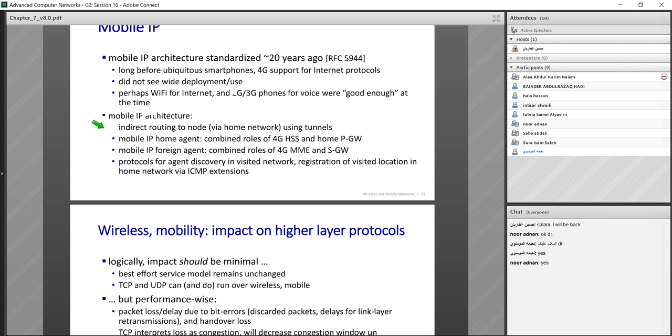In indirect routing, the correspondent should send its information to the home agent, and then the home agent will forward those packets to a foreign agent, and that foreign agent will deliver the information to the mobile host, and then the mobile host can send its responses directly to the correspondent.